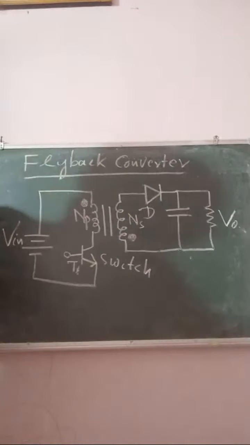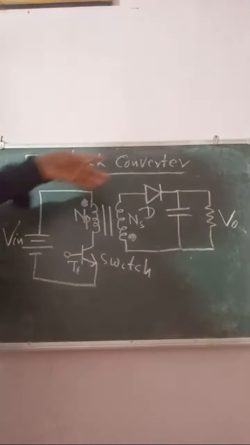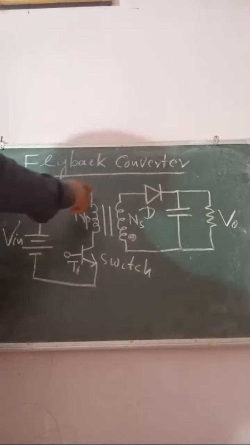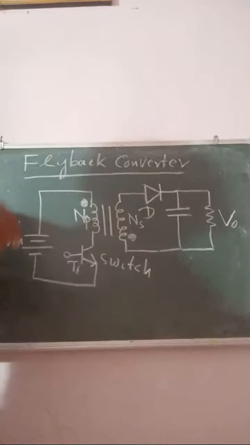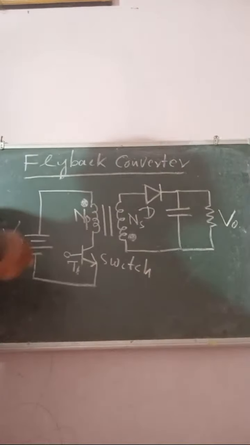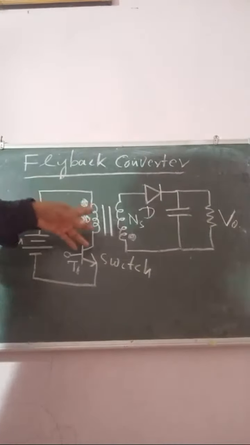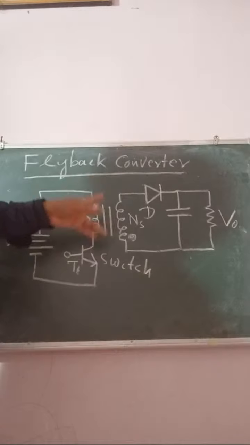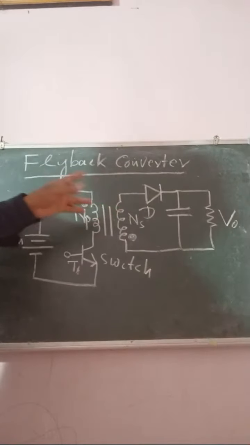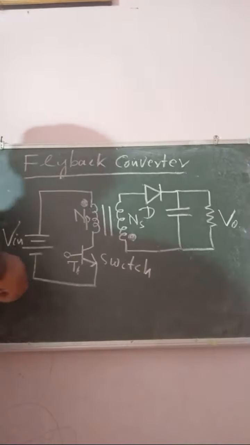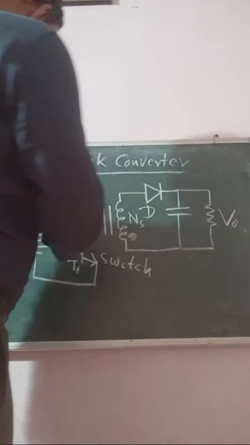Practically, this transformer is the main component of a flyback converter. What is the function of this transformer? The main function of the transformer is to isolate the input and output, that is, the source and load, electrically.